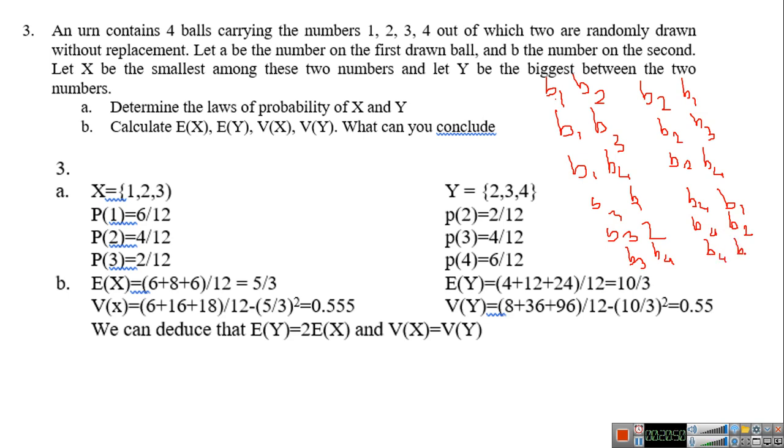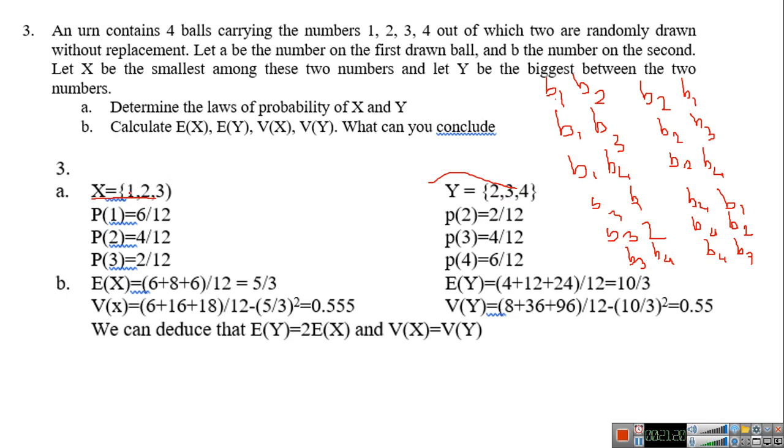I have 12 choices. Now the smallest: between 1 and 2 it's 1, and between 3 and 4 it's 3. So X may be 1, 2, or 3. And if you want the greatest, between 1 and 2 it's 2, and so on, so Y may be 2, 3, or 4.